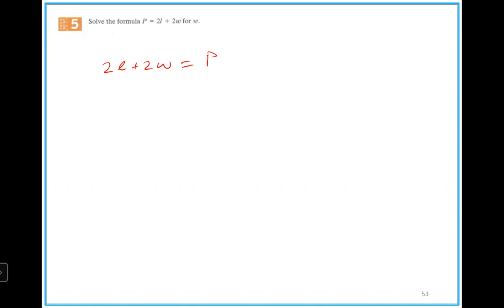So I could say 2W is equal to P minus 2L, and then W is equal to P minus 2L over 2. Okay, very good. So we have rewritten it now, solving for W.